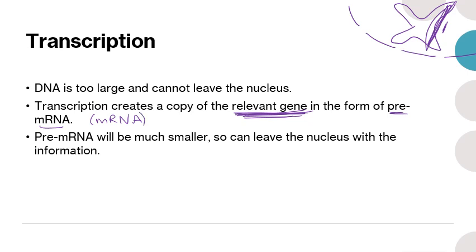It's a much smaller molecule, and so it can actually leave the nucleus via those pores. It's also only a temporary molecule. Once it's used, it gets broken down so that all of those parts can be used again later on.